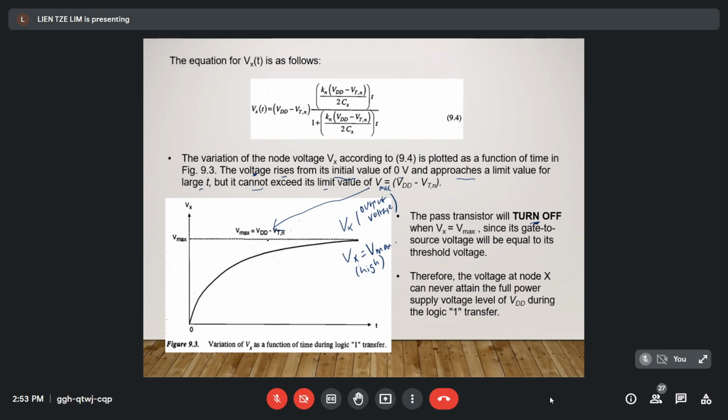What I want to say is the maximum output should equal VDD, but it is not equal to VDD if we consider the maximum value. Why? Because the VDD here is reduced by the threshold voltage. It cannot attain the full power supply voltage level of VDD.